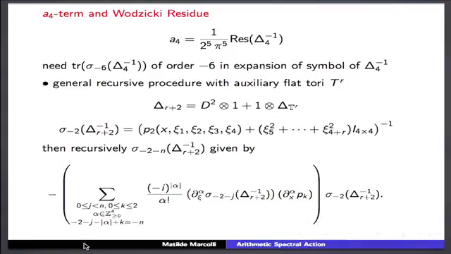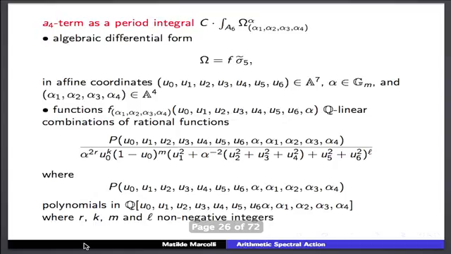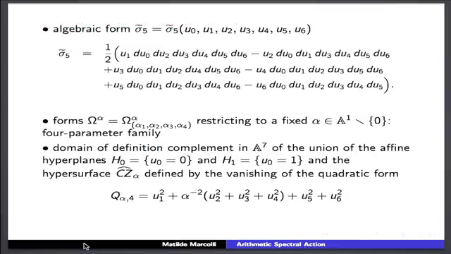There's a similar computation for the A4 term, which may not go through very explicitly, but the structure is the same. You have an algebraic differential form, which again has a quadric, now in a higher dimensional space with more variables, and some hyperplanes. So there's an algebraic differential form that is again integrated on a semi-algebraic set, so the volume form is also an algebraic differential form.